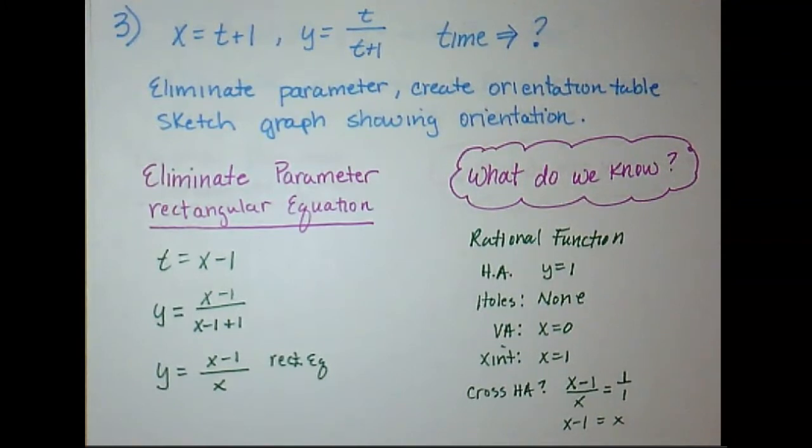When I have the same variable on both sides, that's going to cancel, and I'm left with negative 1 equals 0. Can that be true? Absolutely not. So no, it does not cross the horizontal asymptote. That should give us a really good idea of what this graph looks like, even if we didn't have an orientation table to worry about.